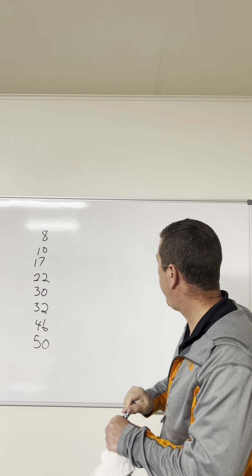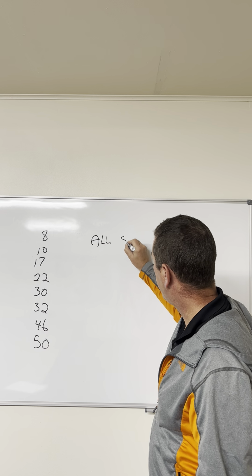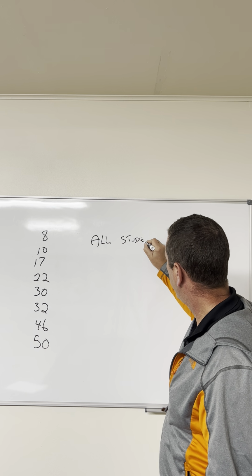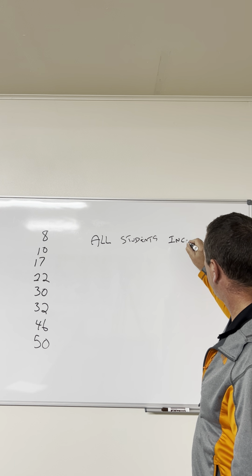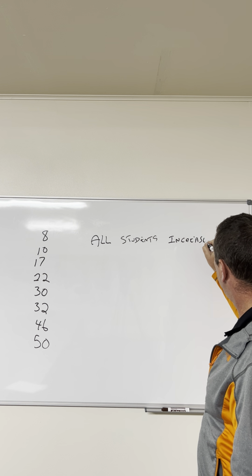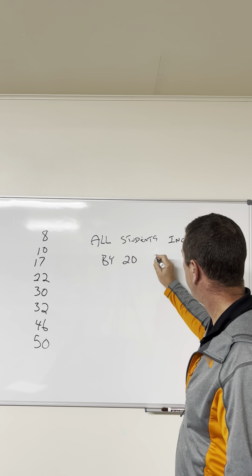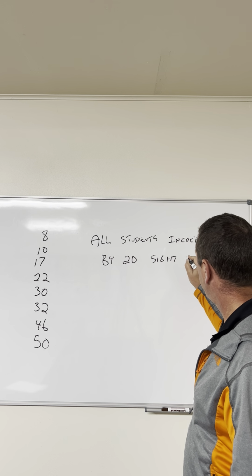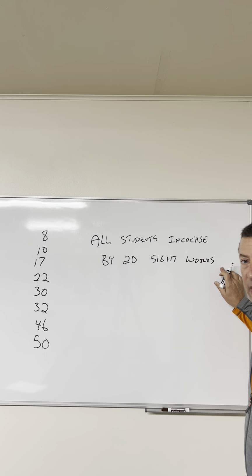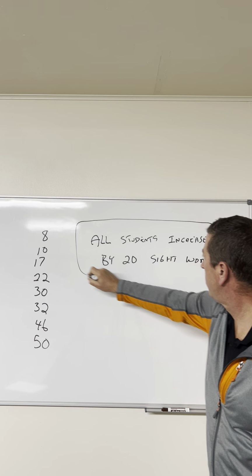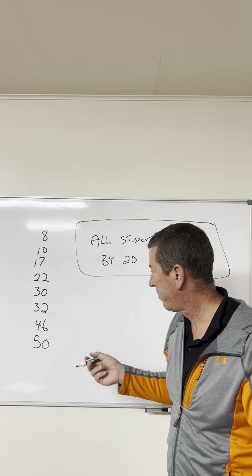Okay, so let's say that. So my goal is going to be all of my students increase by 20 sight words. Okay, that's your goal. All increase by 20 sight words by the end of the year.